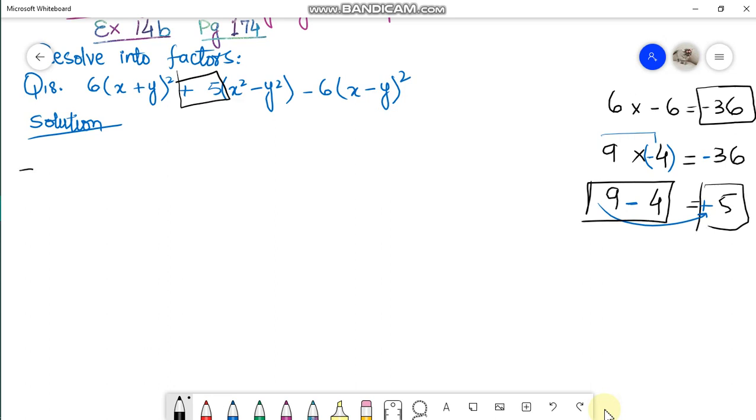See this? In this question you can see that we have a formula in this bracket, so we will also open the formula.